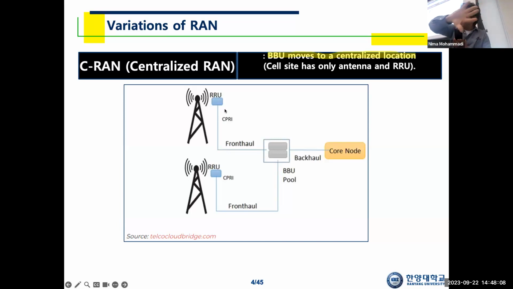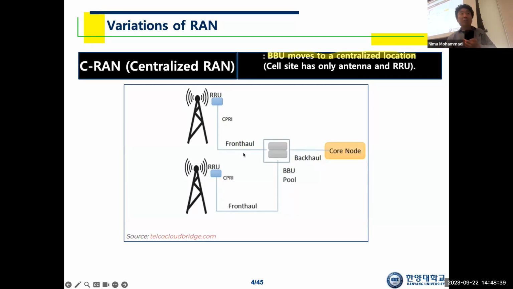All the baseband signal processing part has been moved to a more centralized location. That's why people call this centralized RAN. The BBU pool, which includes all the baseband signal processing functionalities required on many base station systems, can be seen as a cloud. So this structure can also be denoted as cloud RAN instead.